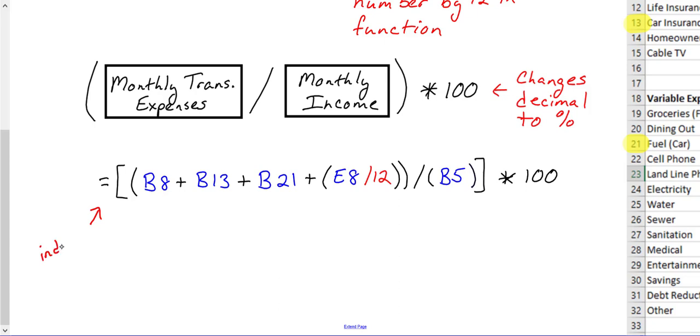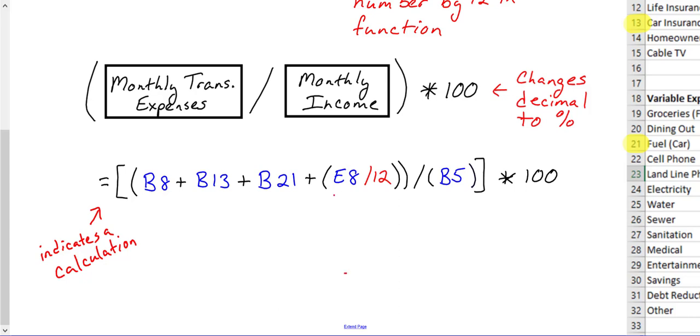This indicates a calculation on the worksheet. Okay, and our order of operations, where we use parentheses to make things happen in the order we want to, also work in the formula in a spreadsheet.